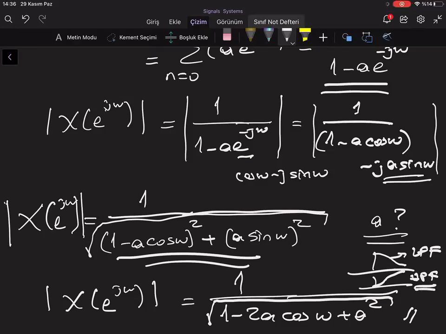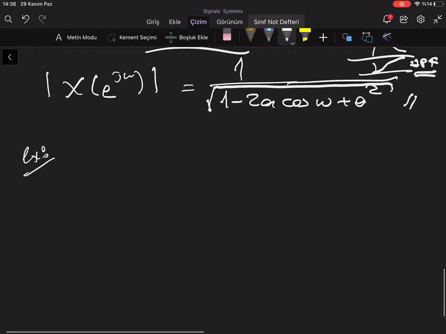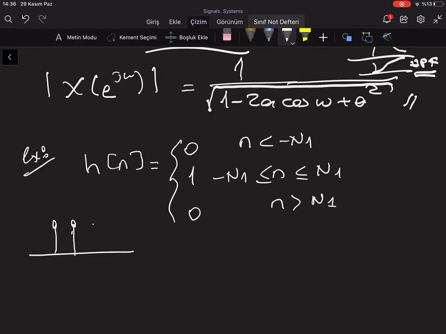One final question, and then I will finish this video. If we have this filter h[n], which is 0 if n is less than minus n1, 1 if n is between minus n1 and n1, and 0 if n is greater than n1, the graph of this function will be something like that.